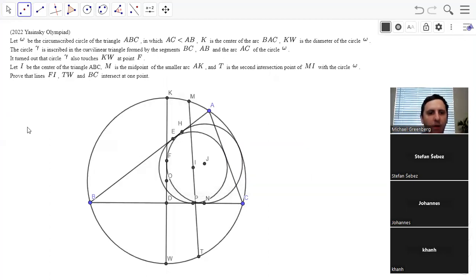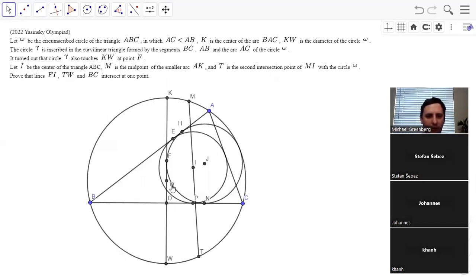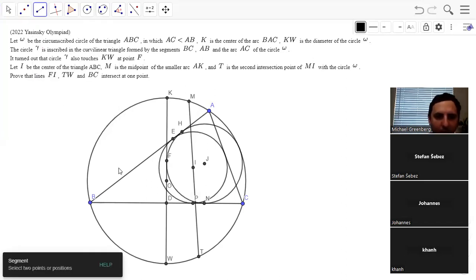How did you figure that out? That is like Thebault's theorem. Basically you're looking at triangle KBC, and JF, this other circle, and the incenter would all be collinear. So by symmetry, F is the incenter of KBC by Thebault's theorem.